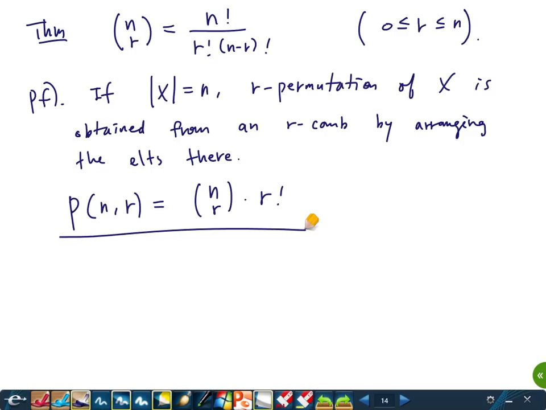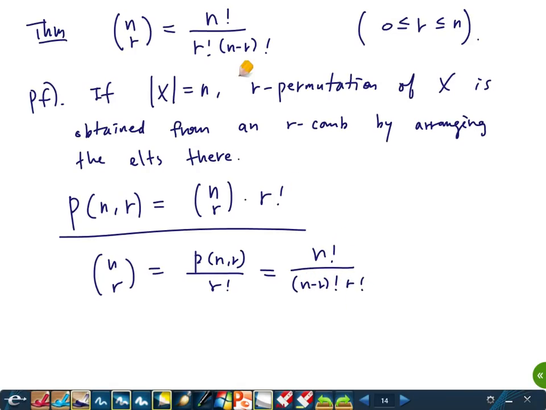So we obtain an equation like this, and if you divide both sides by R factorial, we get P(n, R) over R factorial, but we know that P(n, R) is equal to n factorial divided by n minus R factorial, so we get the formula like that, okay? So this is the proof. We proved this by finding a relation between the number of R permutations and the number of R combinations. And because we already know the number of R permutations is like this, then that's it.